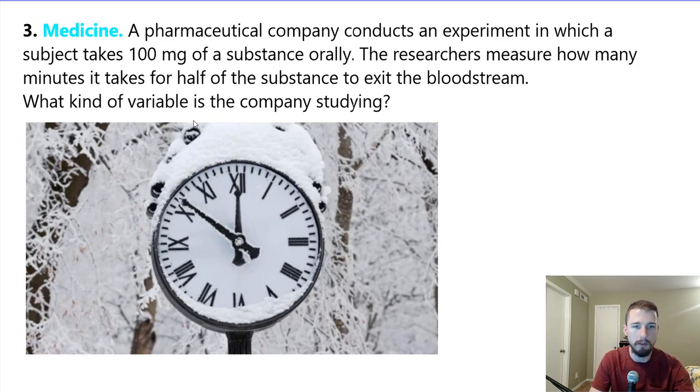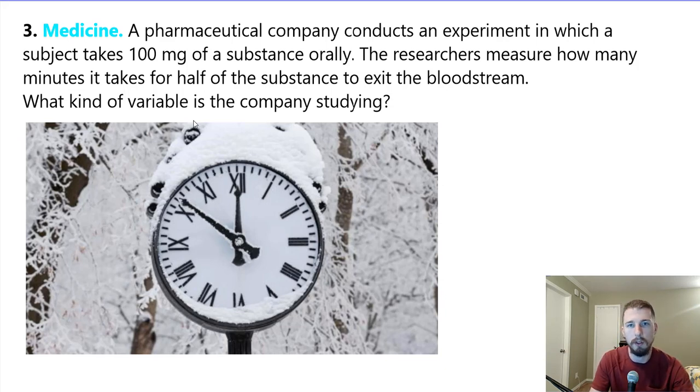So the half-life is going to be the amount of time. So whether we're measuring it in seconds, minutes, hours, or days, or however they're looking at that, it is going to be time. So is time going to be broken down into categories, or is it going to be quantitative? Now, technically, this could be both. So it depends on how they want to break it down.